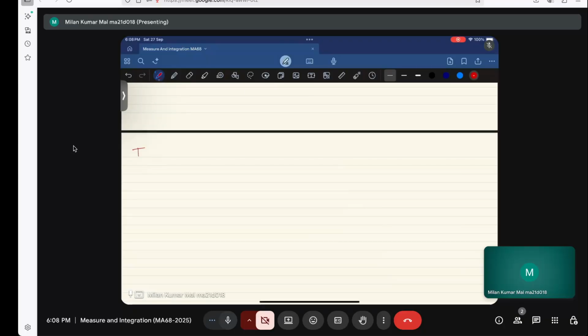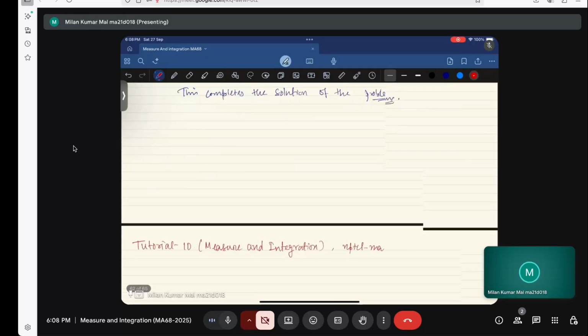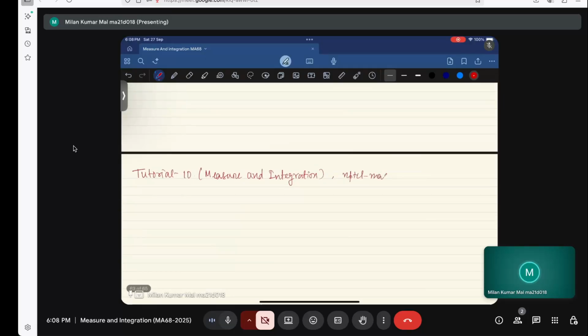So, measure and integration. This is the NPTEL email. I think this is email 68, and today is 27th September.